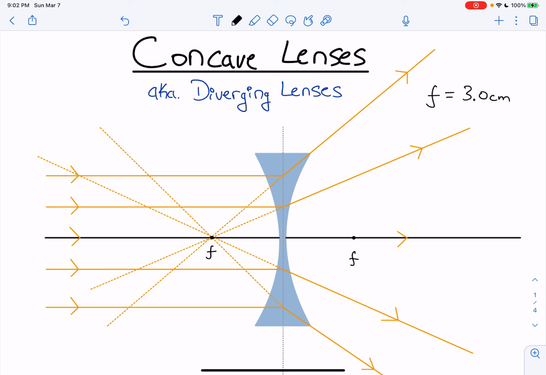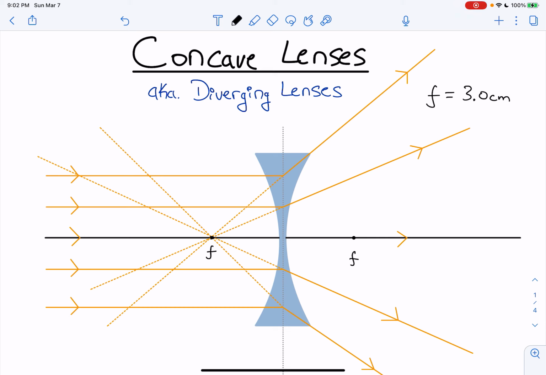They'll bend more. Alternatively, we can change the curvature. So the curvature of this lens will also affect the strength and how much we have this divergence.